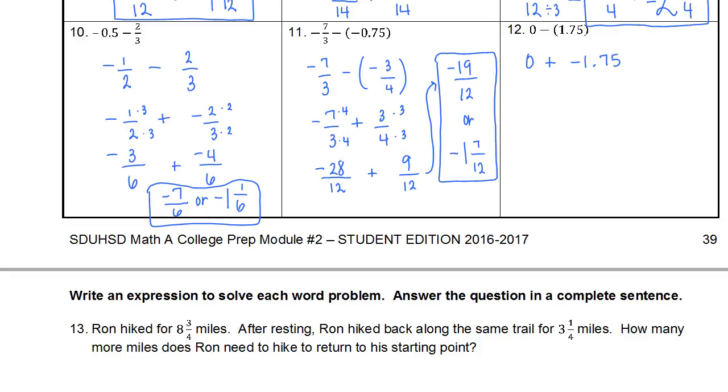And of course, if I'm not adding anything to it, then I have negative 1.75 as my answer. And I can leave it like that, but I might also write it as a mixed number. So negative 1, and I know that the 0.75 is 3/4 in fraction form. And I don't need to do that, but it kind of goes along with problems number 10 and 11.